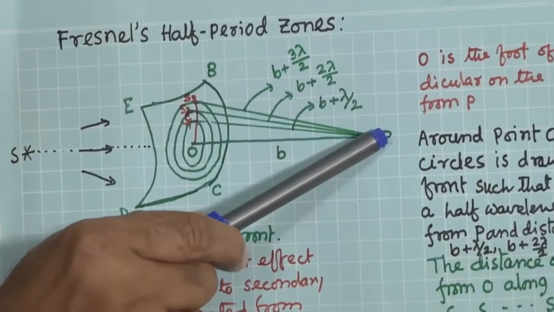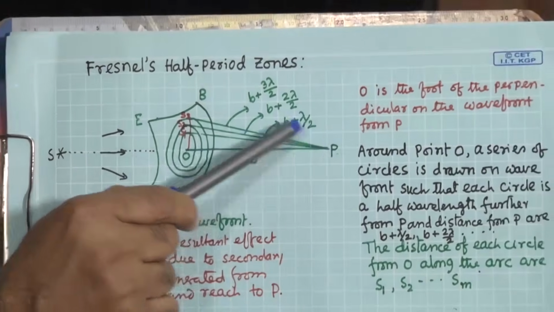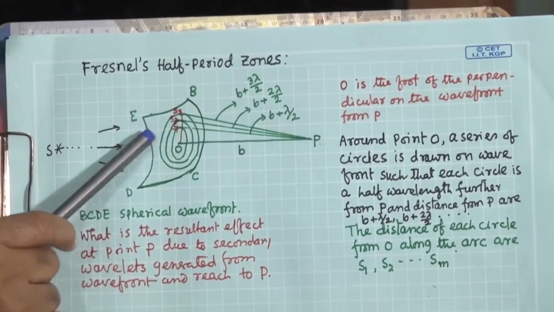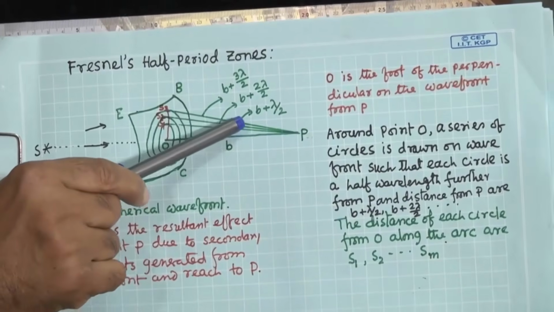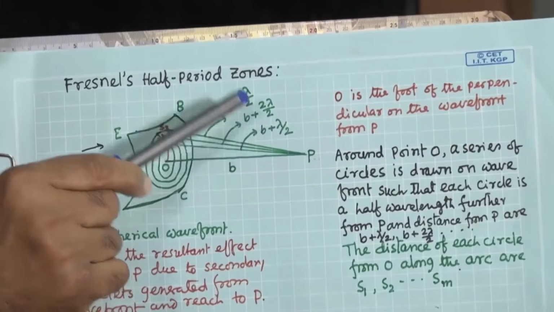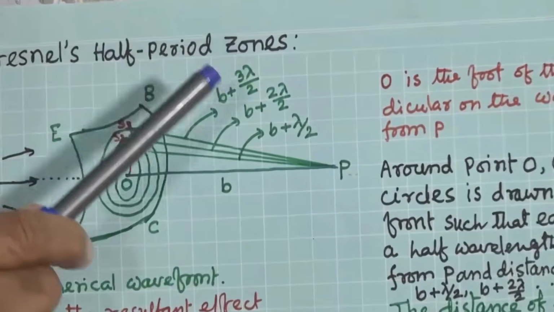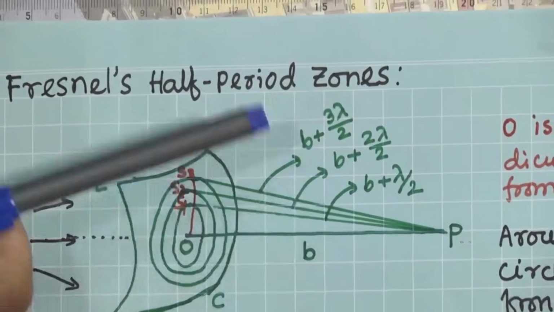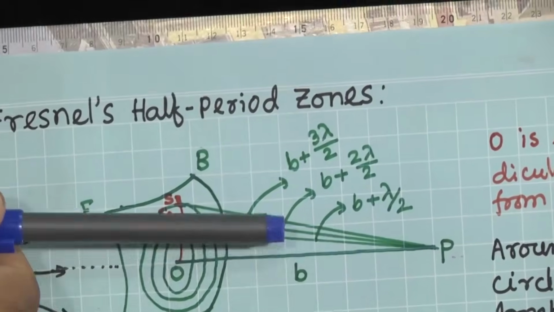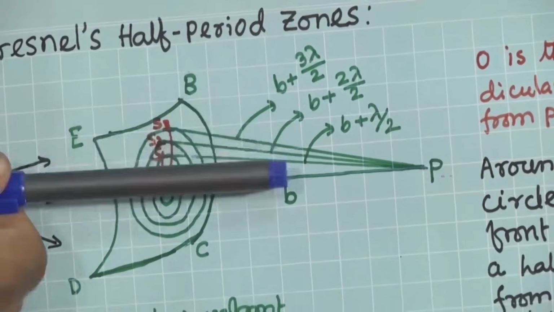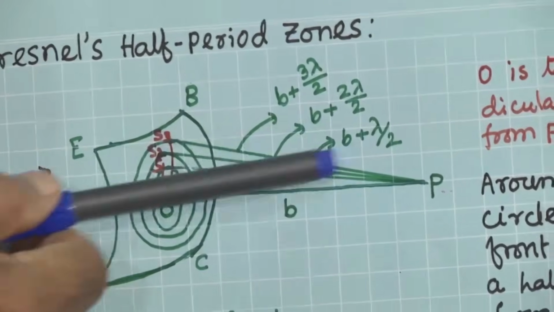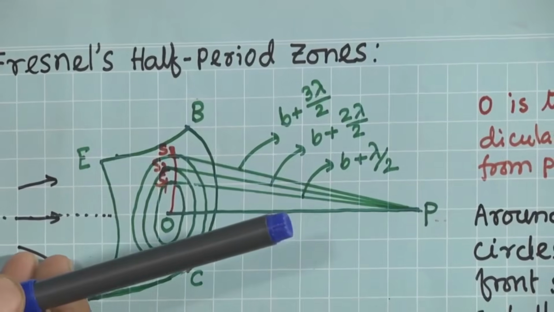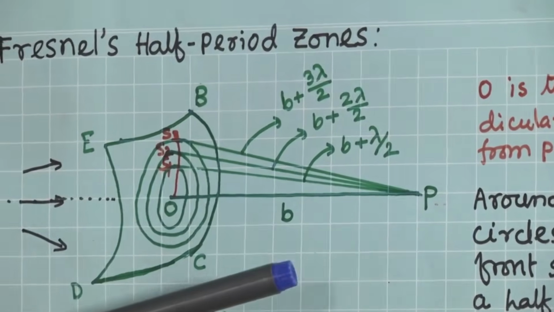So if we take distances from P on this aperture of B plus lambda by 2, B plus 2 into lambda by 2, B plus 3 into lambda by 2, the consecutive separation of the distance will be lambda by 2, half wavelength.